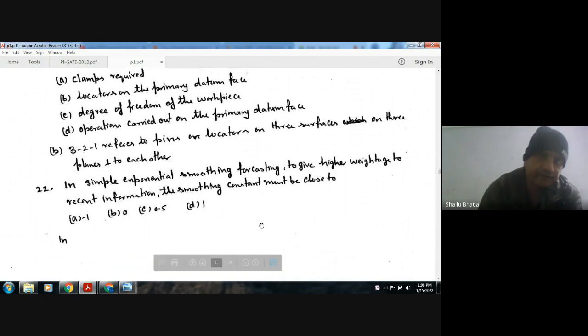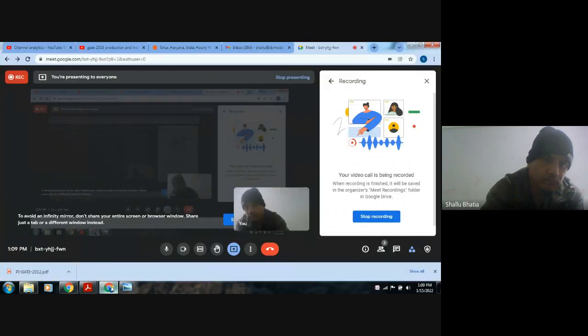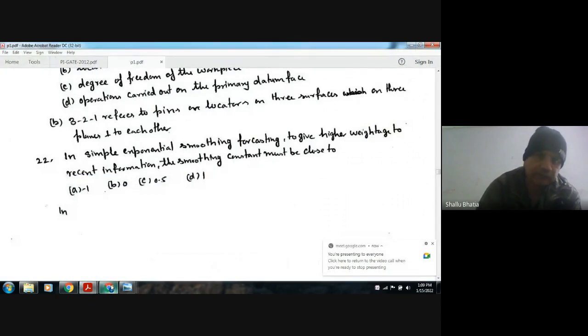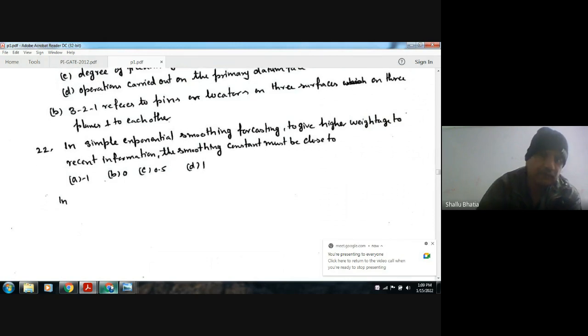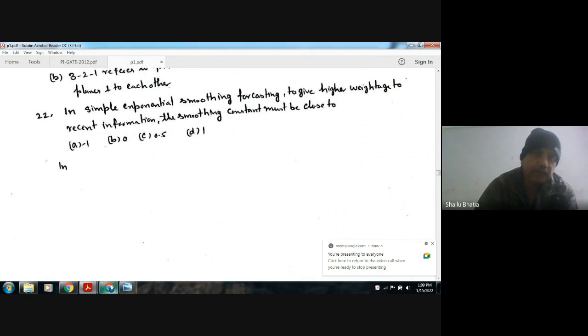Okay. Next, in simple exponential smoothing forecasting, to give higher weightage to recent information, the smoothing constant must be close to option A -1, B 0, C 0.5, and D 1.